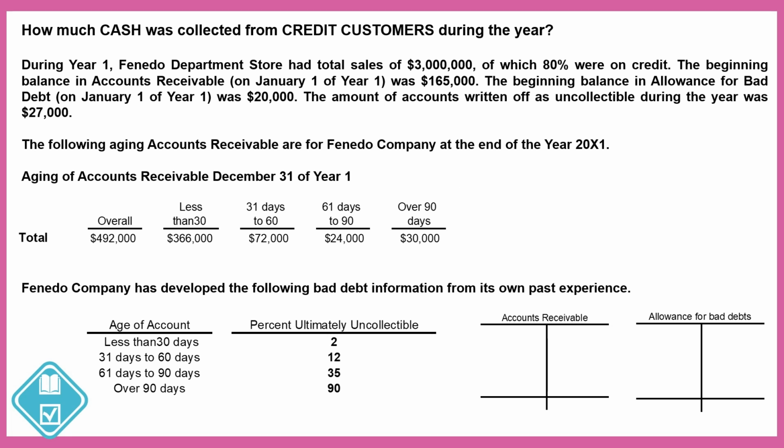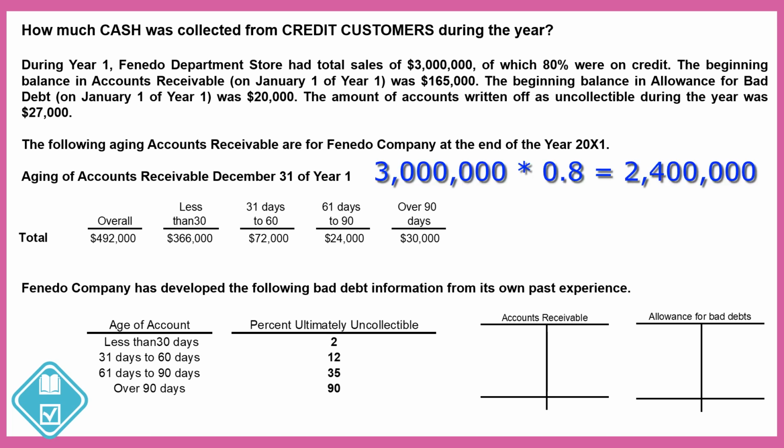So what I want to do is take the information that's provided, input it, and then see what it's asking. In this information, we're given that they had total sales of $3 million, but only 80% were on credit. So we only want to put in what's credit, which is 2.4.